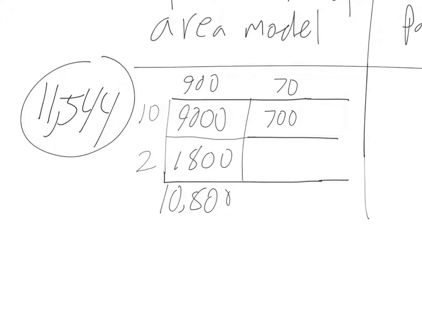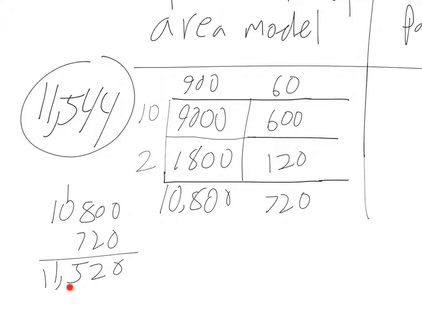So 70 times 10 would be 700, 70 times 2 would be 140, but then 700 plus 140 would be 840, that would be too much. So I want to go back and rethink this, and maybe think along the lines of 60. 60 times 10 would be 600, and 60 times 2 would be 120. So you can add these up, 720.